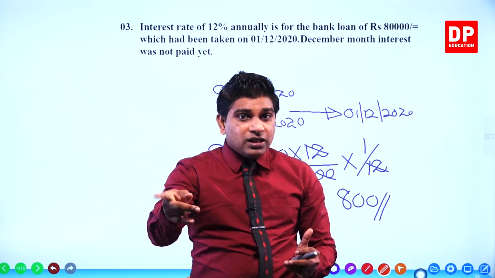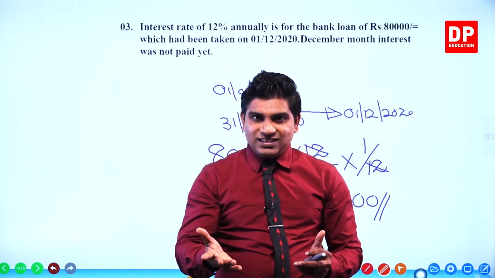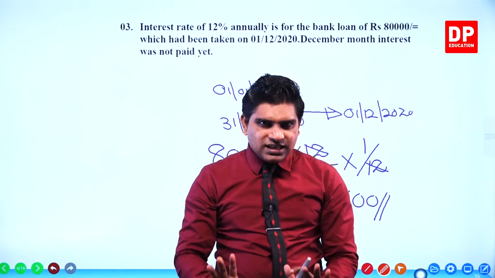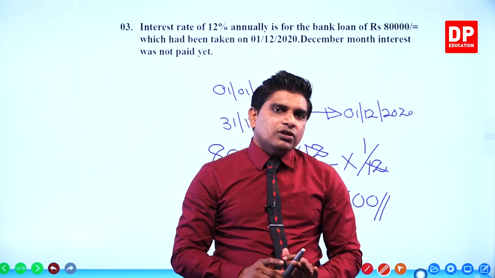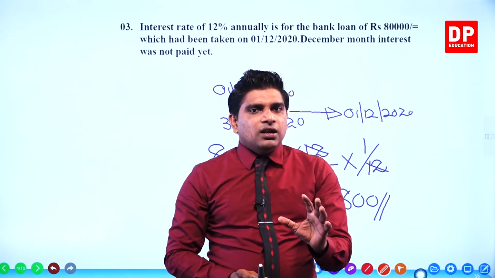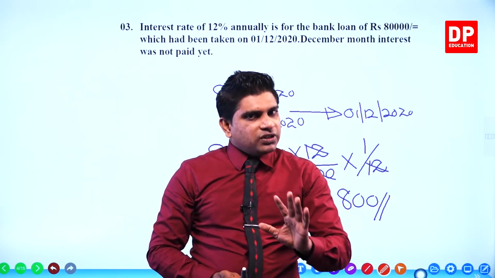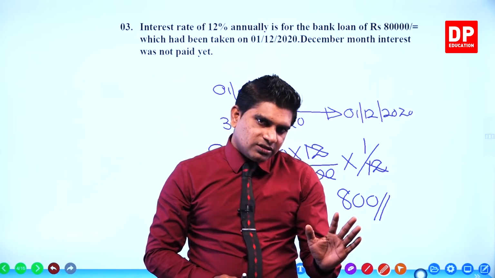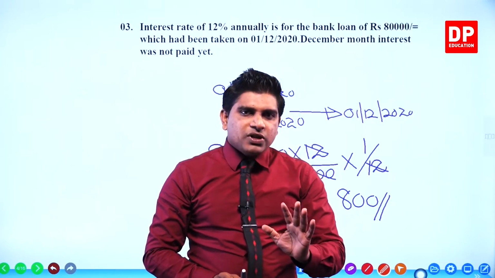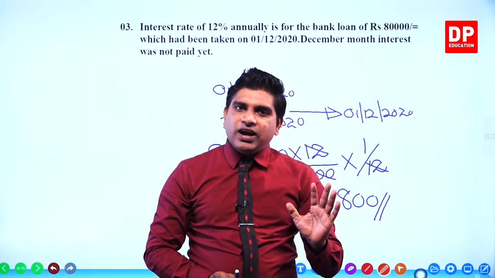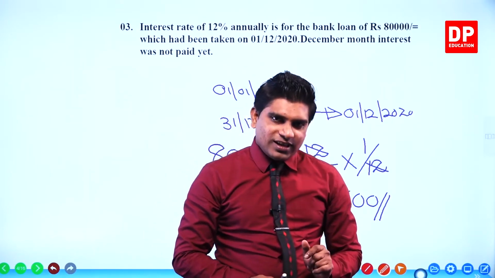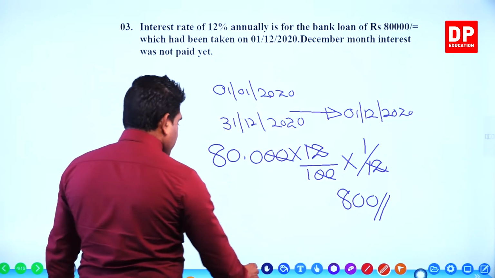But in the next month, you have to pay for the whole year. Right? They didn't pay even 1 cent. Then what you do? The total interest expense for the year is 800. Accrued expense also 800. Why? They didn't pay even 1 cent. That's why.